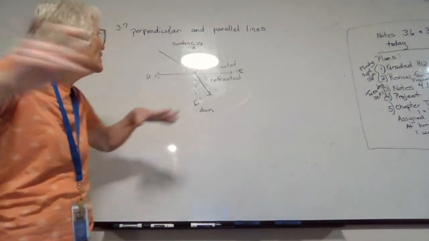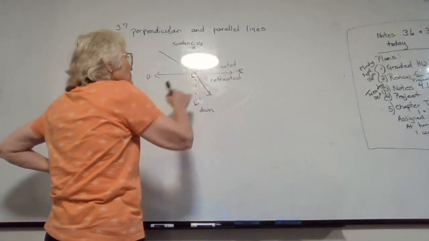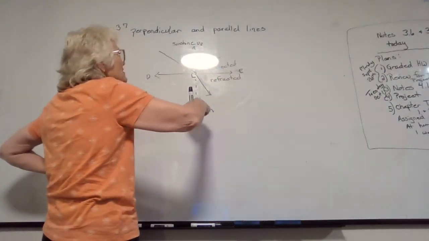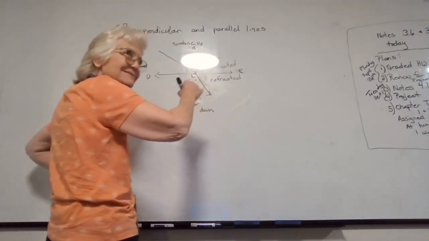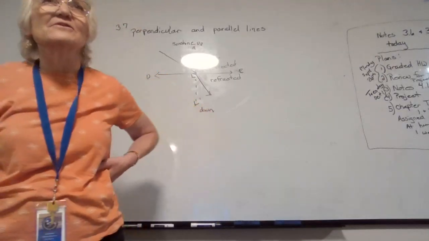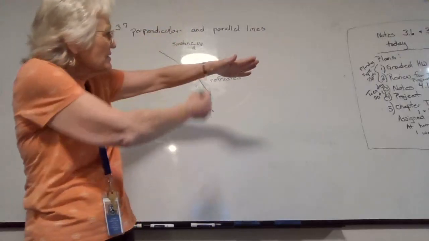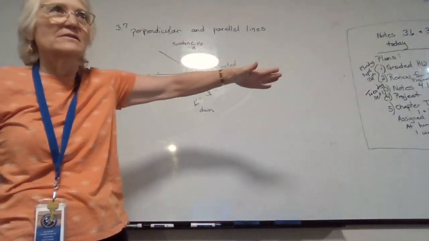So we know that this angle right here is a right angle. We know these lines are perpendicular to each other because that's how we've made them. They are right angles. If you look at a horizon, you can kind of imagine a perpendicular line that goes through that.